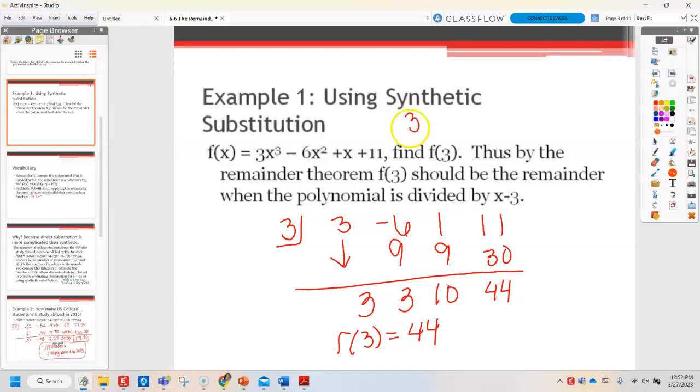So nobody really wants to do 3 cubed, which is 27, times 3, which is 81, and then have to take 6 times 9, which is 54, plus 3, plus 11, to get to that same value. Does that make sense? So you could plug in 3 and get 44, or do it this way.